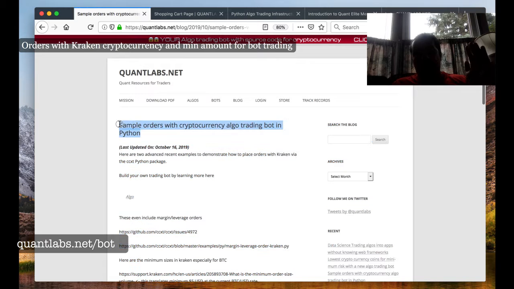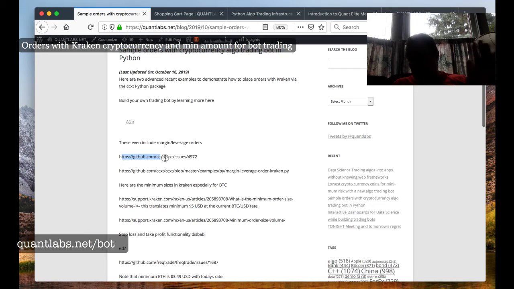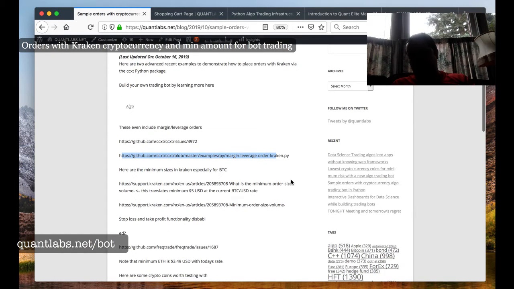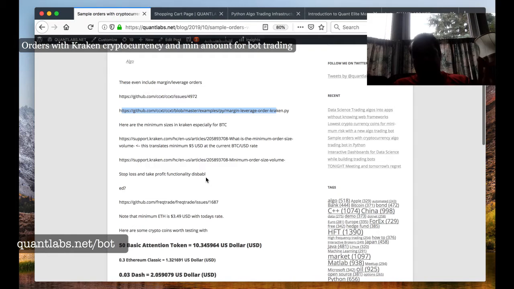In here I've given some references on where to get sample code with Kraken specifically. There are market orders, and there's talk of leverage, take profit and stop loss, but apparently that functionality on the Kraken exchange has been disabled. I tried it, it doesn't work. But there are some other links there as well.